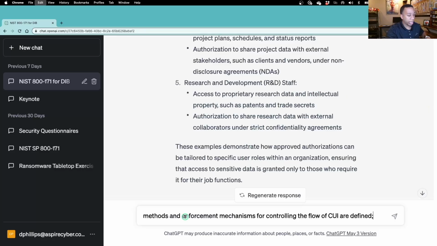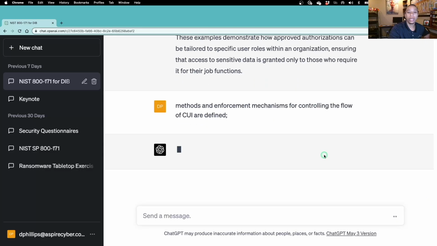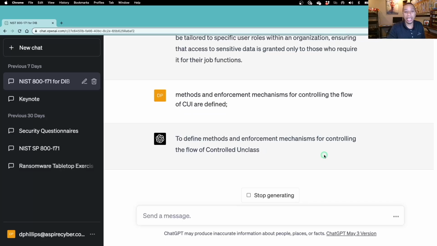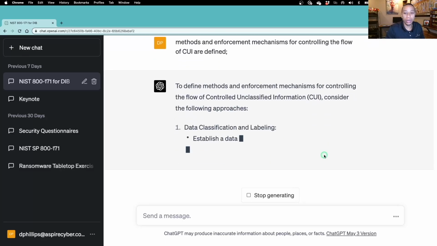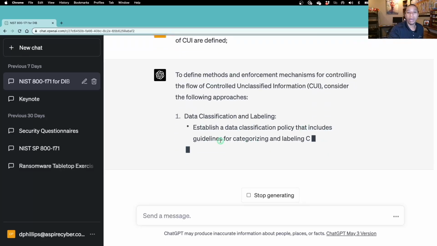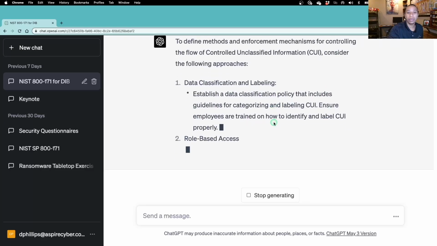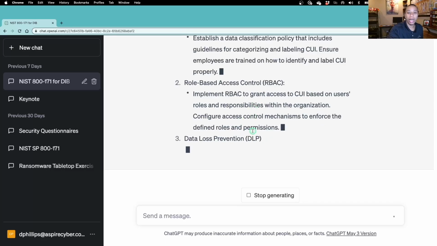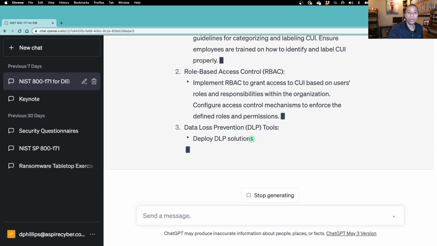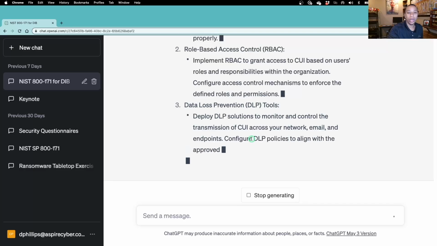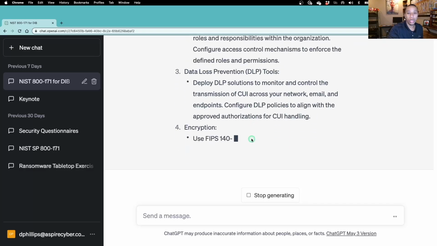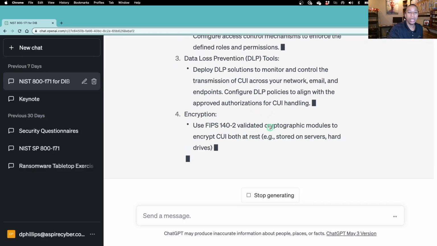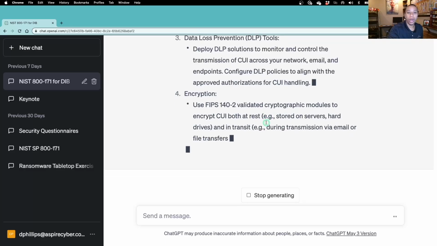For the next assessment objective, methods and enforcement mechanisms for controlling the flow of CUI are defined. Let's see what ChatGPT can give us for this one. Going back to data classification and labeling, role-based access control. As I mentioned in previous videos, a lot of these controls will overlap, which lets you know that once you implement, for example, DLP, that's going to cover a lot of the assessment objectives and practices.